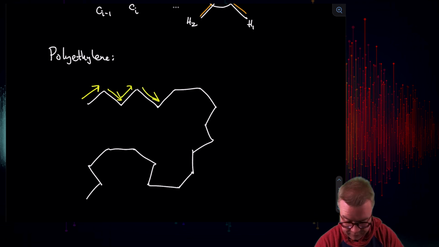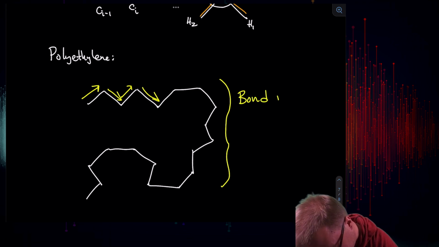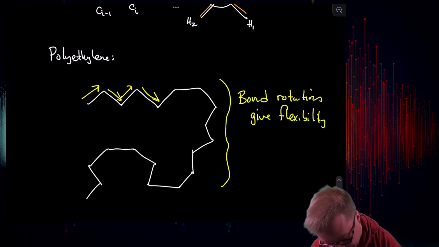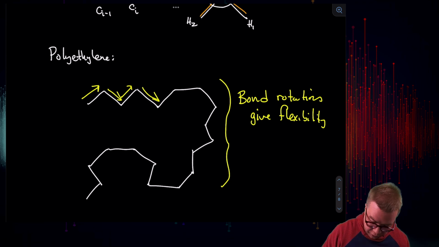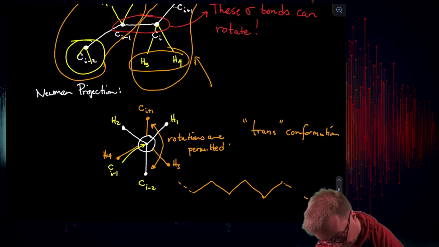And so this is what gives the polymer flexibility. So bond rotations give the flexibility. And so you can imagine that some orientations, some conformations are preferred.